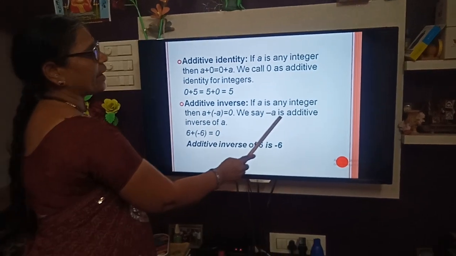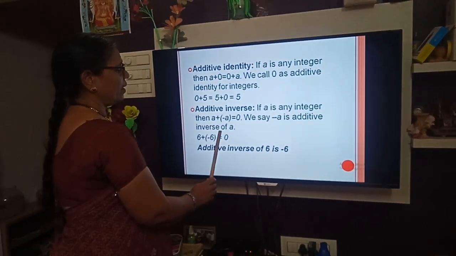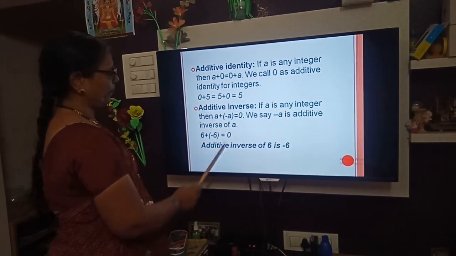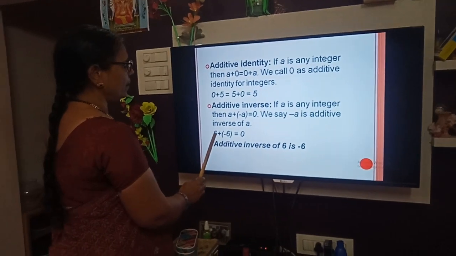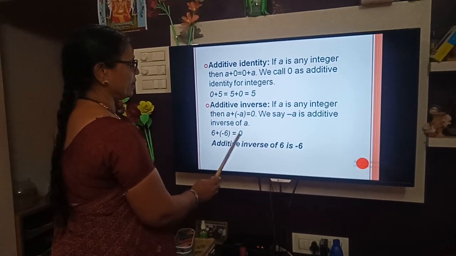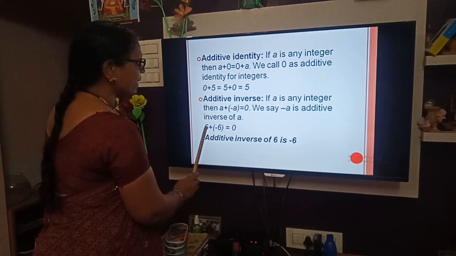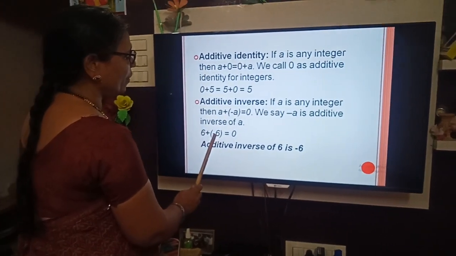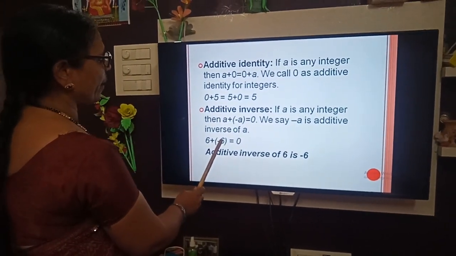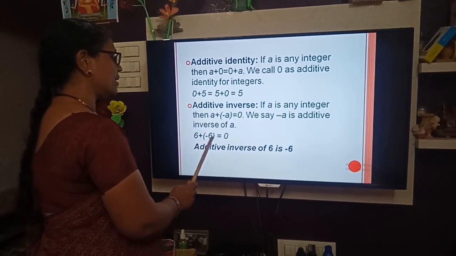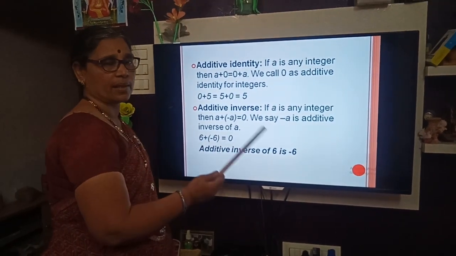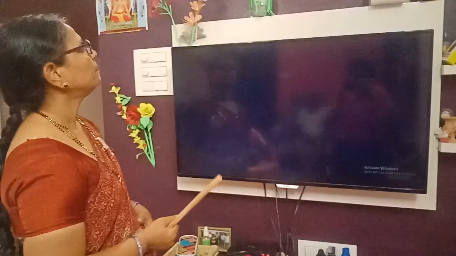We say minus a is the additive inverse of a. Here is an example, 6 plus of minus 6 is equal to 0. Here 6 is the additive inverse of minus 6, or minus 6 is the additive inverse of plus 6. You can understand in this way.